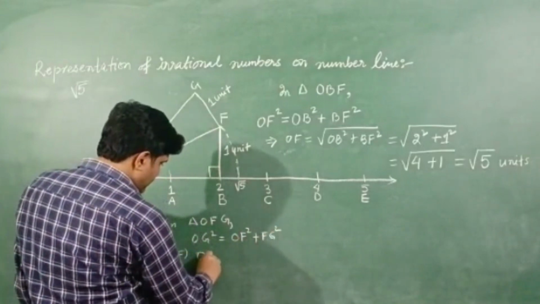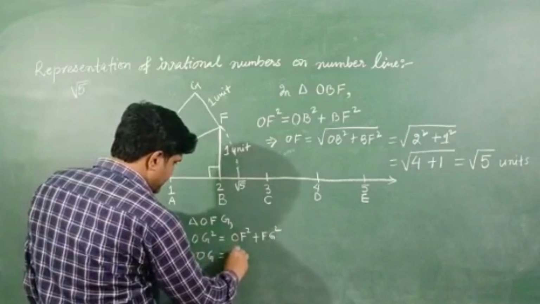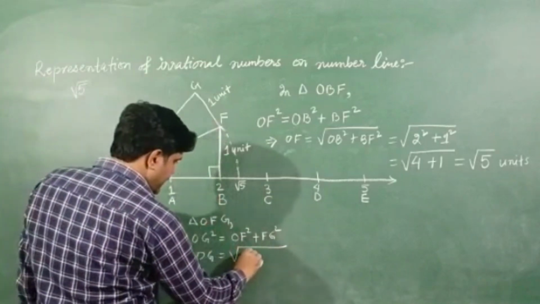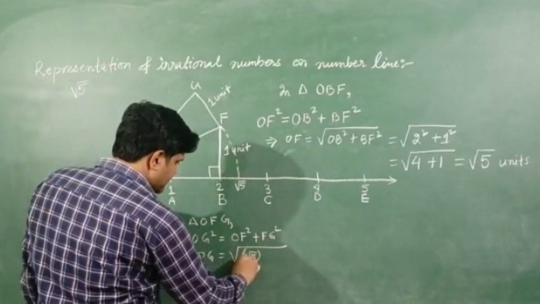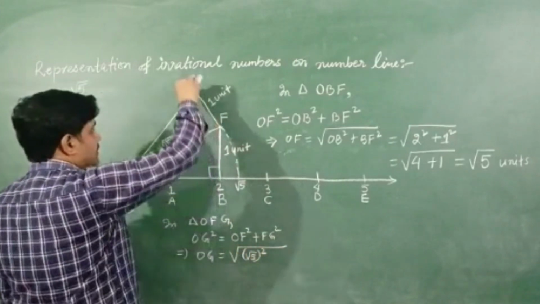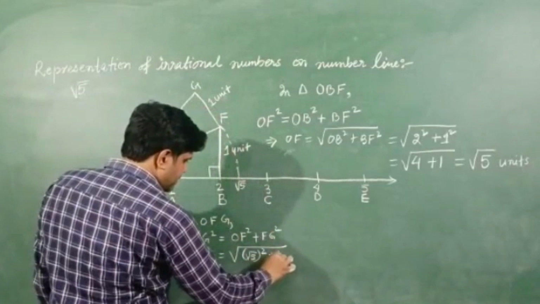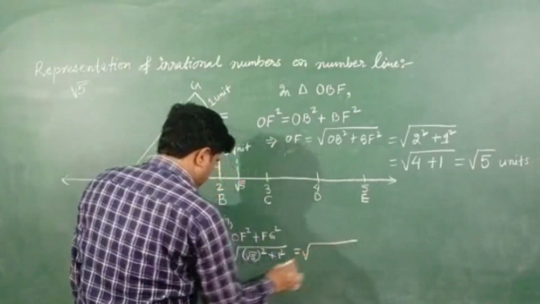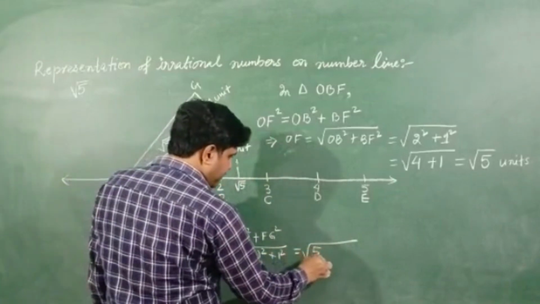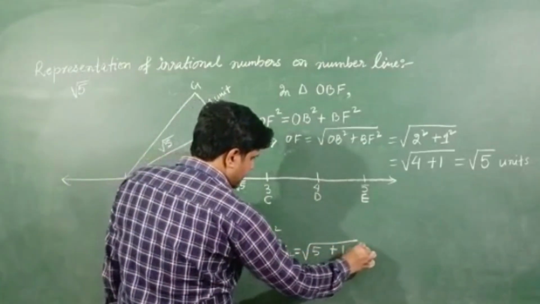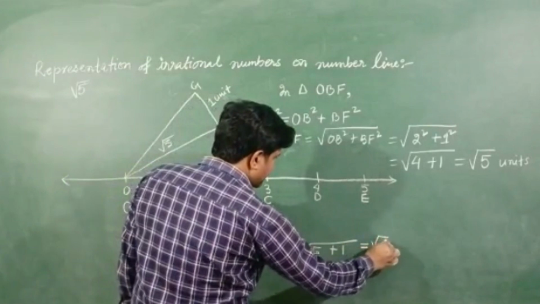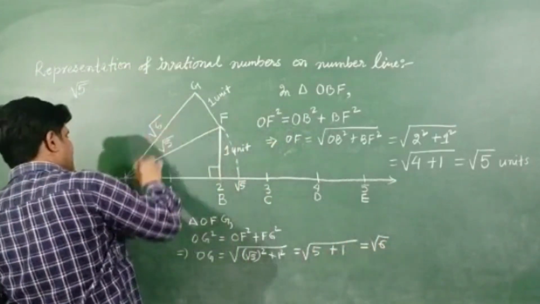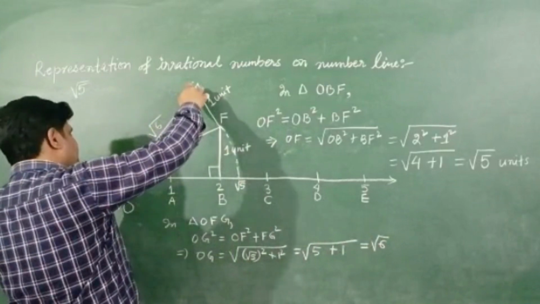This implies OG is under root. What is OF? We have just calculated OF as root 5 units. So let's take the square of root 5. Now this is again 1 unit, so it's 1 squared. We get root 5 squared as 5 and 1 squared as 1. We add them, we get root 6. So this OG length is root 6.